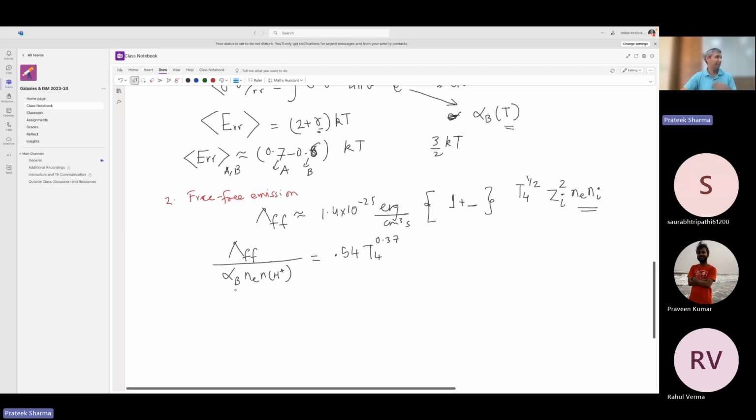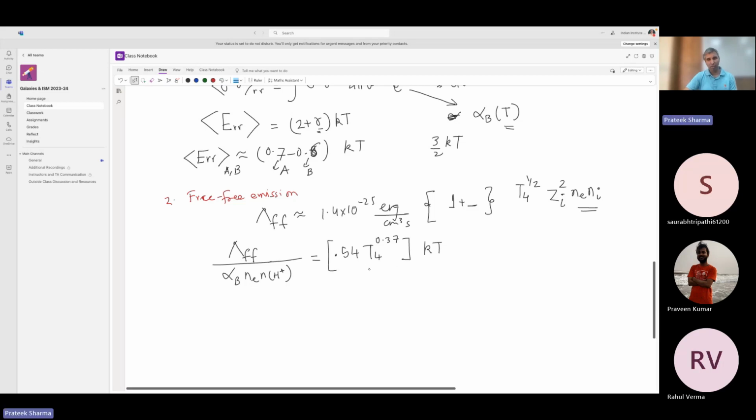By plugging in alpha B's dependence on temperature is what you're getting. So this times kT. Right, so this is just energy. This ratio is energy because this is energy per unit volume per unit time. This is number of recombinations per unit volume per unit time.